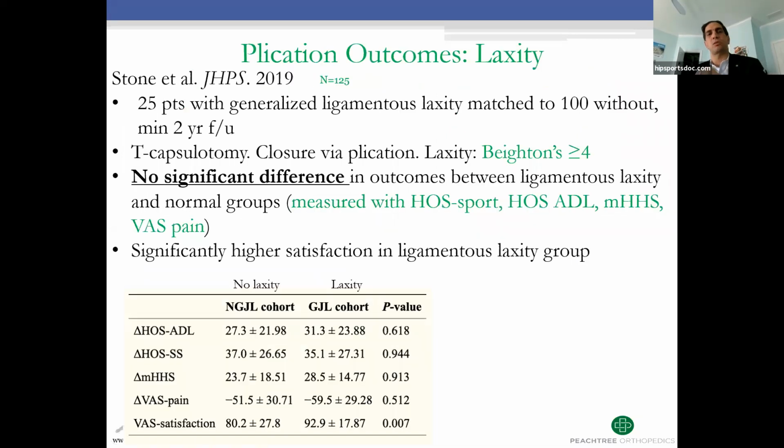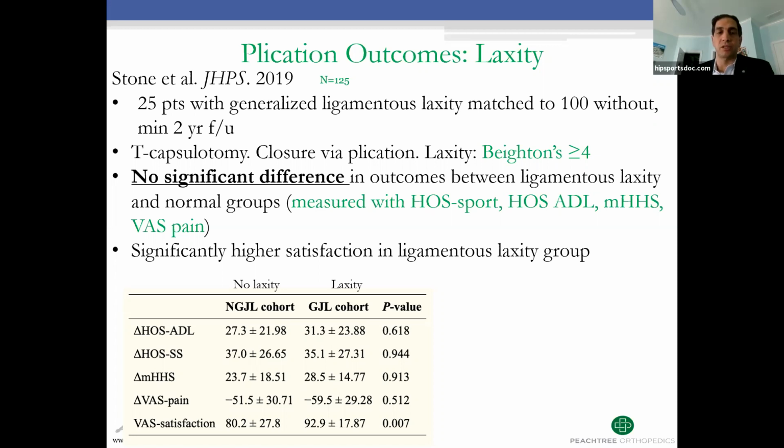Plication outcomes. So now looking specifically at plications versus repairs. Again, these are all pretty much more recent studies showing that there was a matched control group. And in the performance of T capsulotomies, there was no significant differences noted between ligamentous laxity and normal groups when closure via plication was performed.